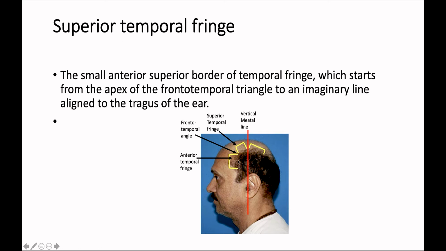So the superior temporal fringe is the superior anteriormost portion of the temporal fringe, posteriorly limited by the vertical meatal line and anteriorly by the frontotemporal angle.